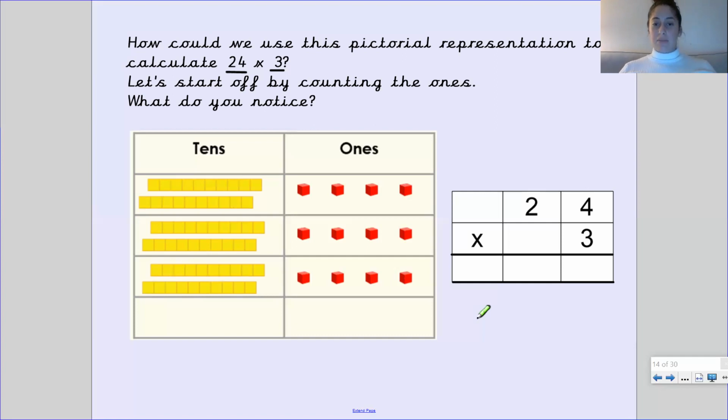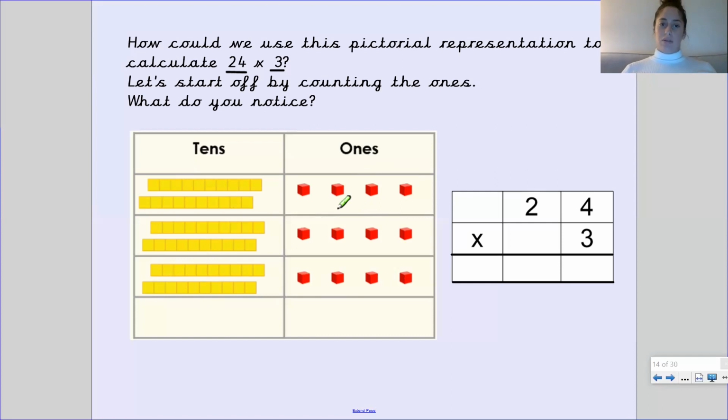What is the maximum number of items we can have in each column? Well, we can only have 9, because if we have 10, then that becomes a 2-digit number. And where would it belong if I have 10 ones? It would belong in the tens column because 10 ones do not belong in the ones column.